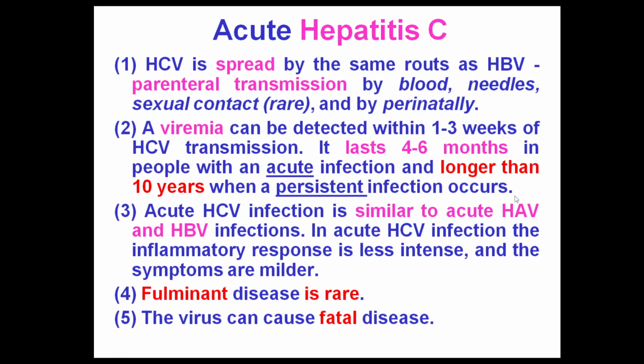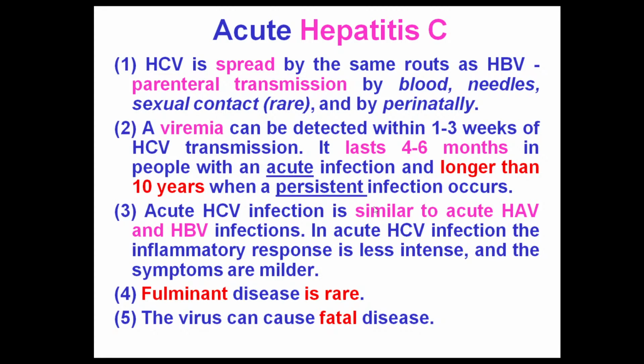See, my dears. So within 10 years, the person may be infected and have a persistent infection without developing specific symptoms that will be important for recognition of hepatitis C infection.